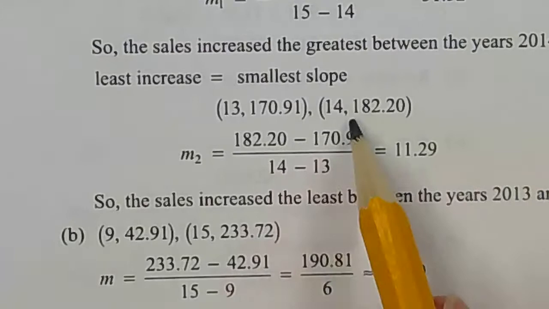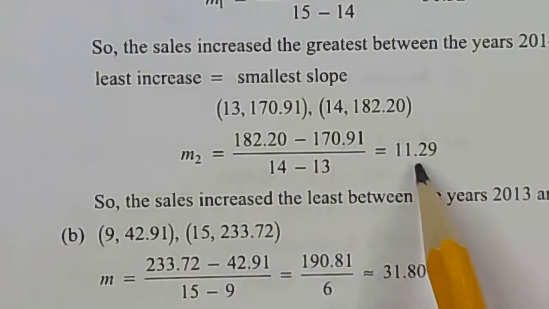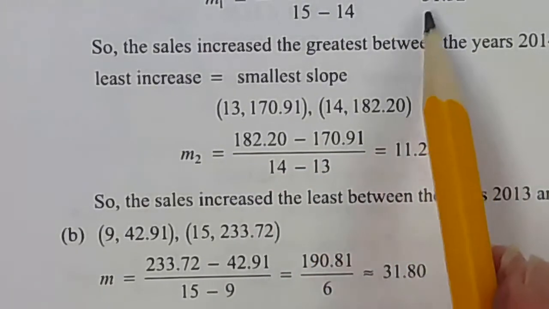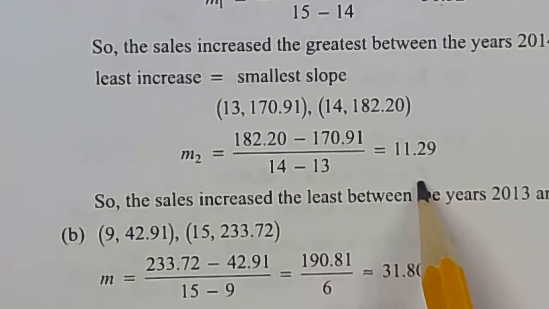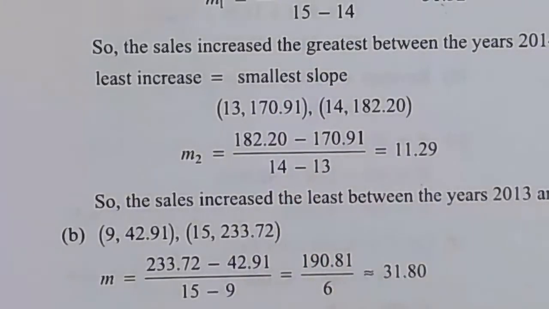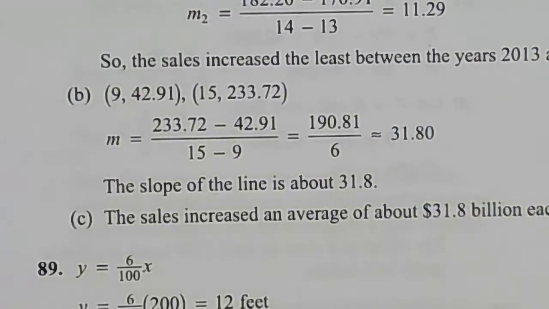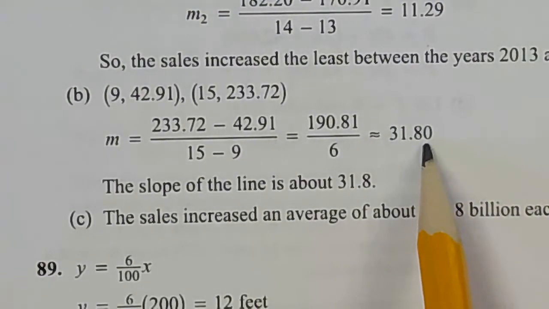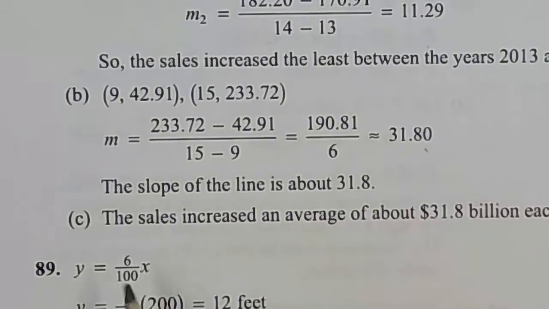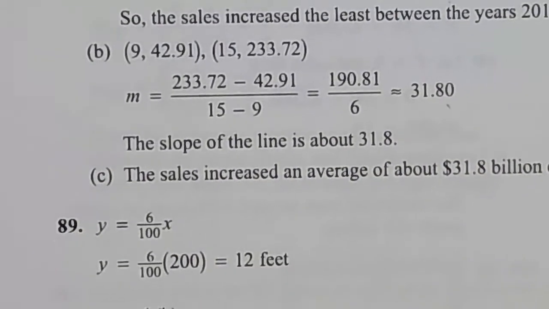Now, if you chose different coordinates, you might have slightly different slopes here, but that's what they chose as the biggest increase and the smallest increase. Here's B, 31.8. And C. How do we interpret that?